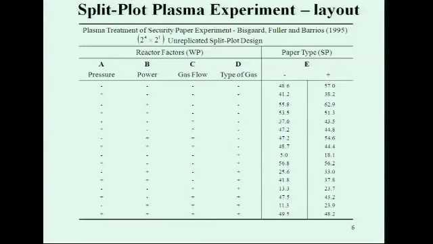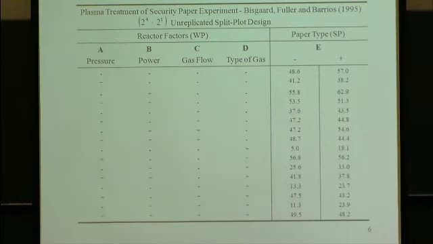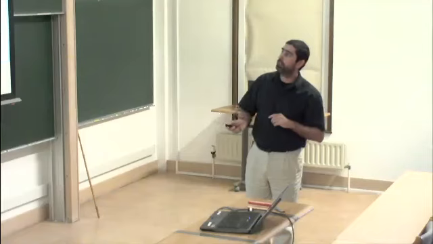We can see here that we have 32 treatments, but since they have chosen to run a split plot design, they only had to change the configuration of the reactor chamber 16 times. So that represents a big savings during the execution of the experiment. I'm presenting here the data in a standard order.